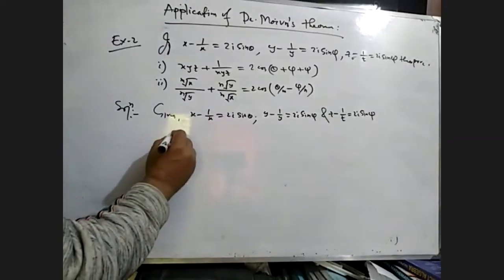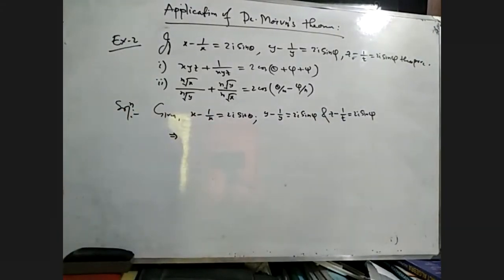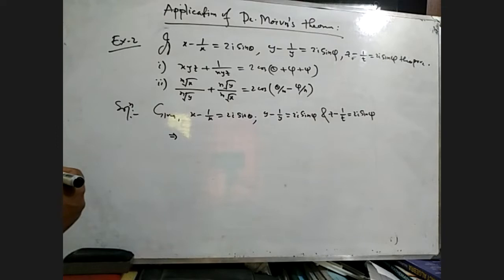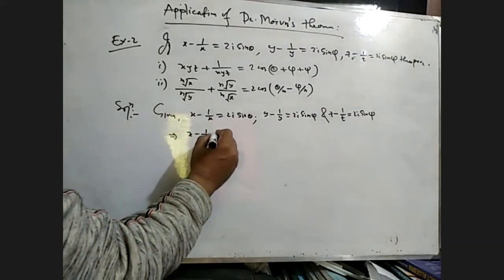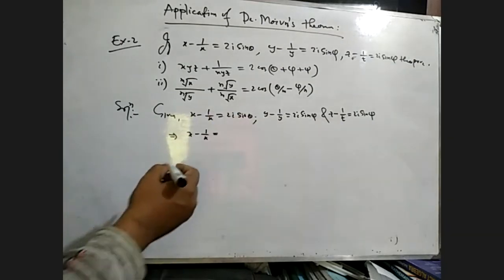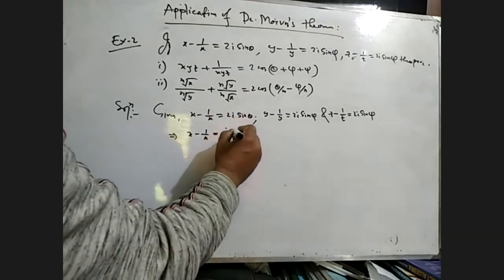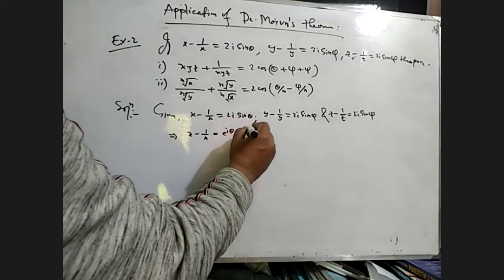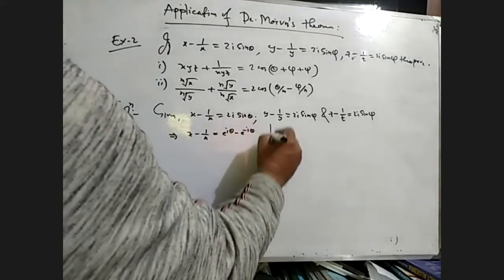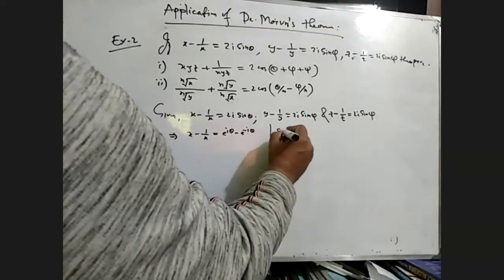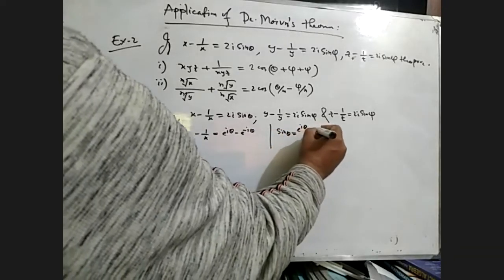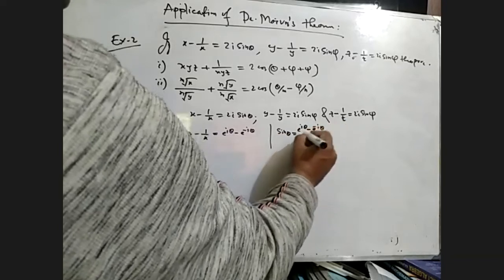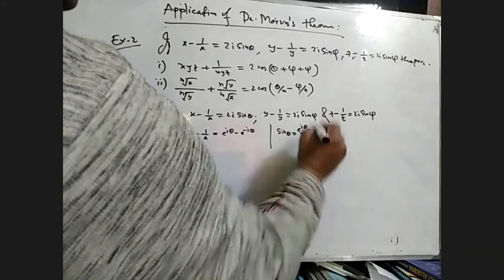So from the first one, we can write x minus 1 by x equals twice i sin theta equals e to the power i theta minus e to the power minus i theta. How? Sin theta equals, by the formula, e to the power i theta minus e to the power minus i theta divided by twice i.